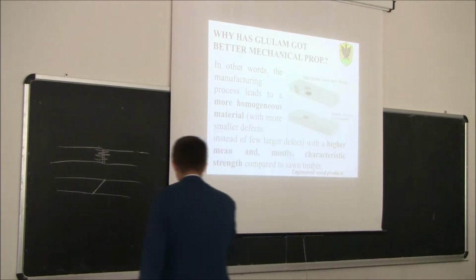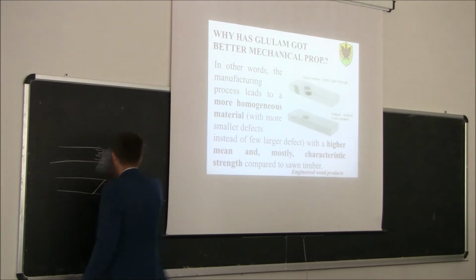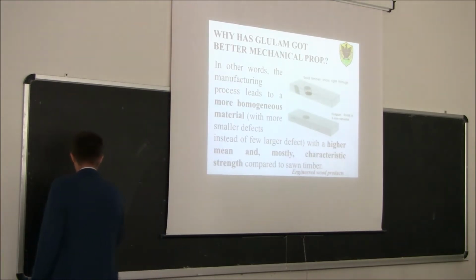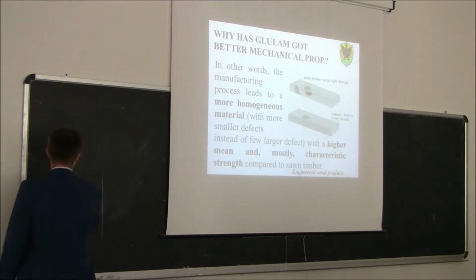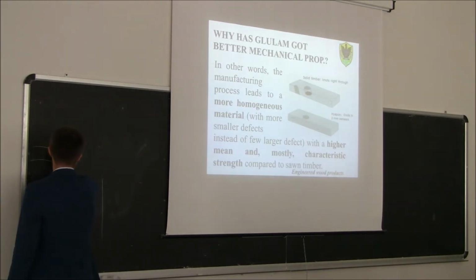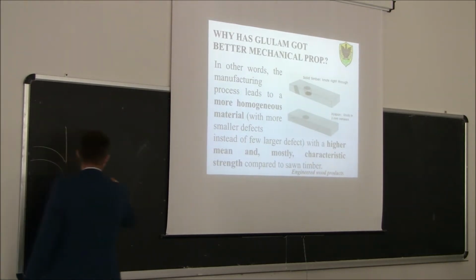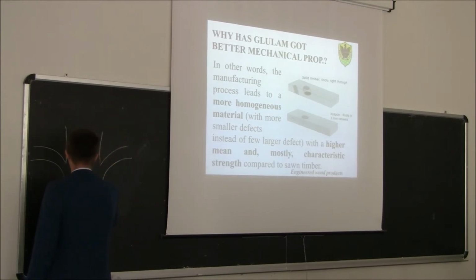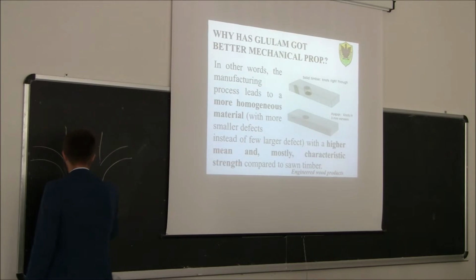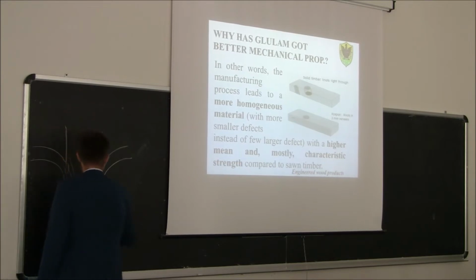If you remember, there was a photo showing a vertical cross section of the trunk. Something like this. So here the fibers are going this way, so this will be a knot. The fibers going this way, this will be another knot.